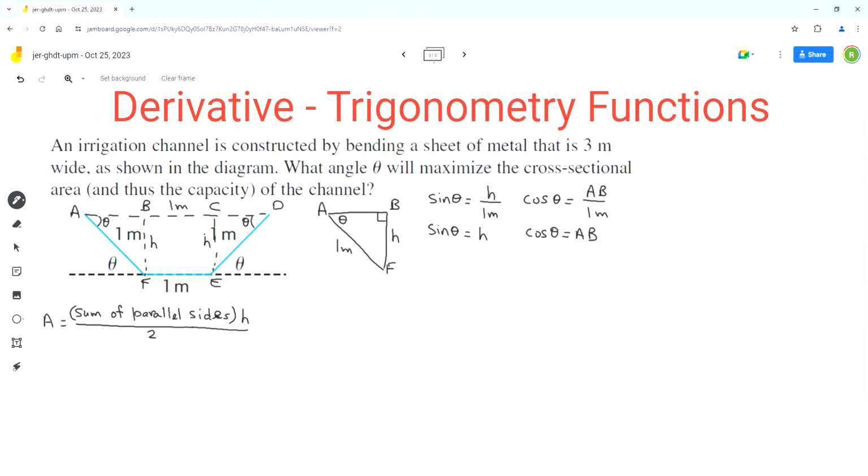Now, since this is an isosceles trapezoid, side CD will be equal to AB. So now we can find the length of the parallel sides.